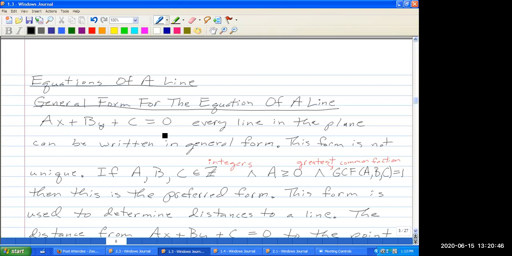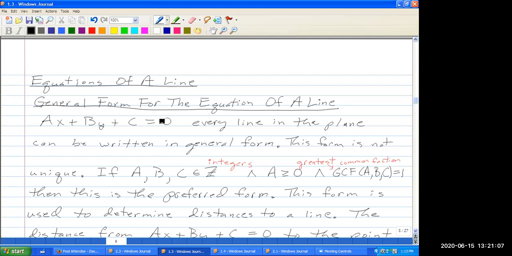However, this form is not unique. Notice that if you multiply both sides of my equation by a non-zero constant, then you have a different form, but it obviously is still the same line. All you've done is multiply by a constant.